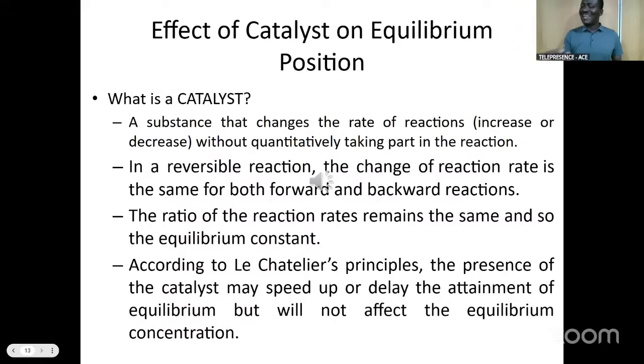Q will be greater than K when you have more products than reactants. If you have increased any of the products, then Q will be greater than Kc. And the only way the equilibrium will respond is to consume more of the products, so that Q becomes K. So that's how Q and K are related.